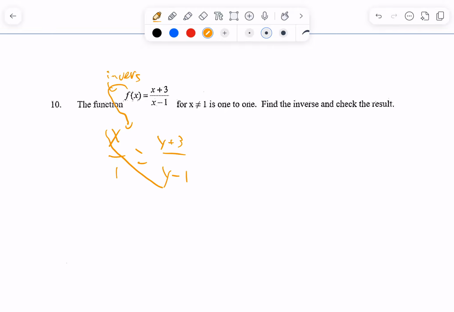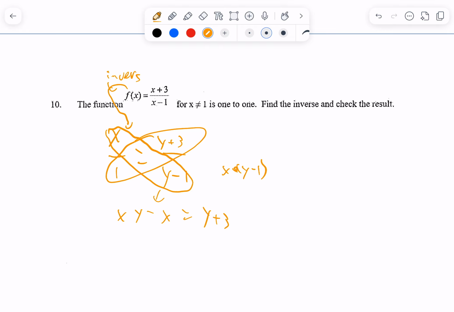Okay, so now we cross multiply, and we end up with x times y minus 1 equals y plus 3. And now let's first try and get rid of this y.